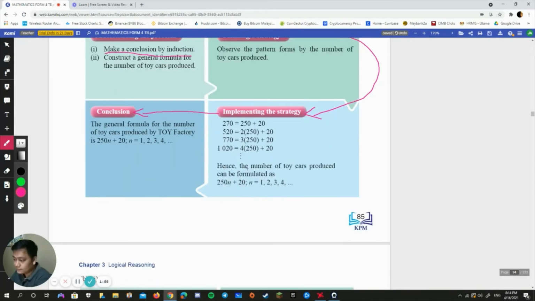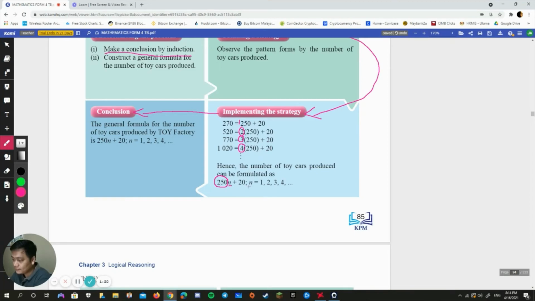Okay, so the number of toy cars produced can be formulated as below. 250n. Here is the common feature, 250, right? n represents this value, 1, 2, 3, 4. This changing value we represent with n plus 20.